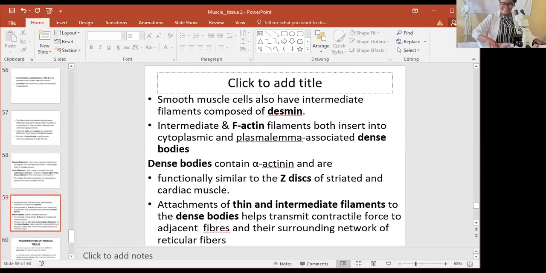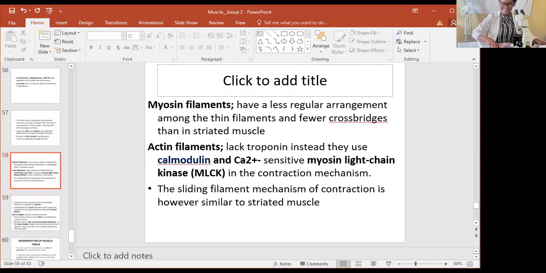The way that they will contract will look different from skeletal or striated muscle. In this one, myosin filaments have a less regular arrangement among the thin filaments and fewer cross bridges than in striated muscle. Actin filaments lack troponin.